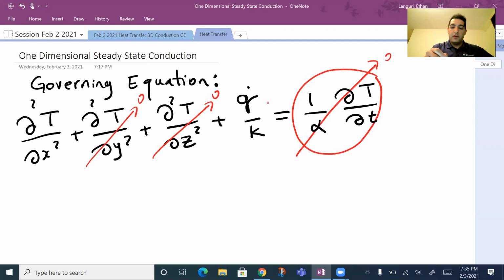Since we don't specify whether we have heat generation or not, let's keep this term. If we don't, we set it to 0, but overall we would like to keep that.